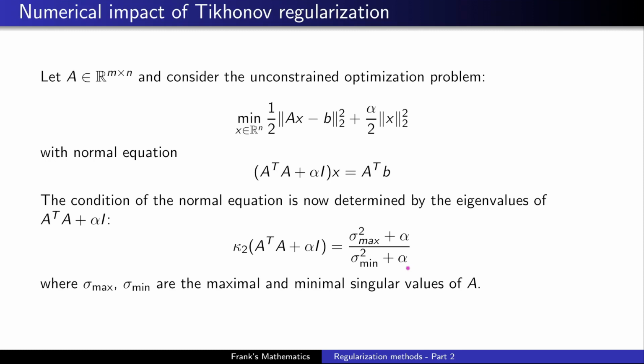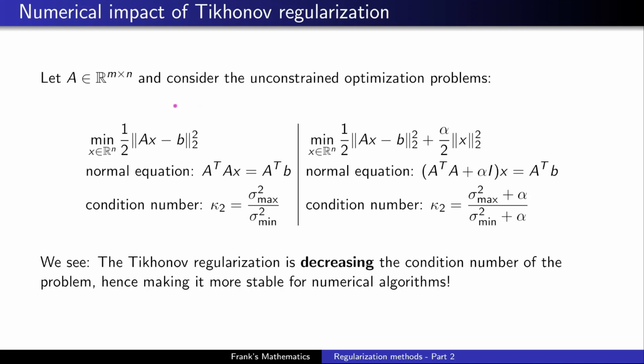And of course, this gives you a huge numerical stability if alpha is bounded away from 0, right? I've written it here side by side. Here we have the unregularized optimization problem, and here you see the condition number. On the right hand side you have the regularized problem and the associated condition number. And you see, of course, that the condition number on the right hand side is smaller than on the left hand side.